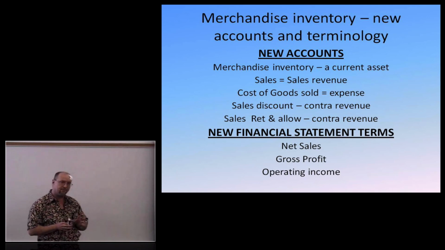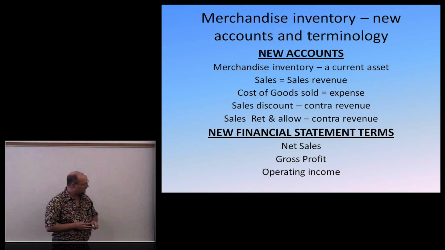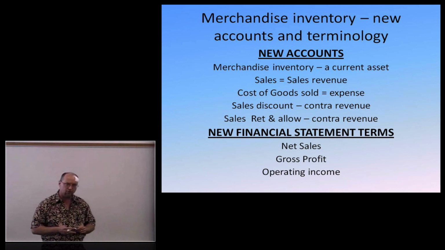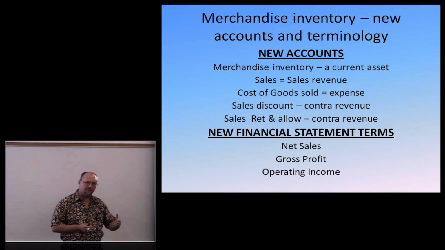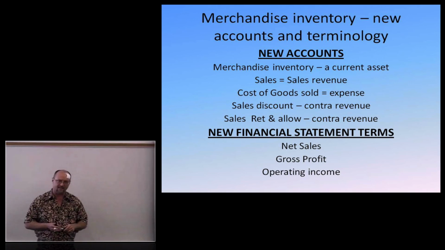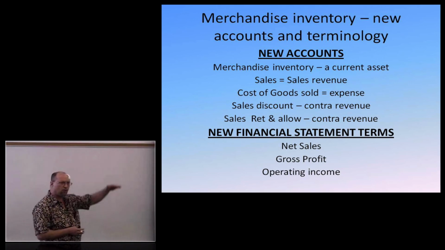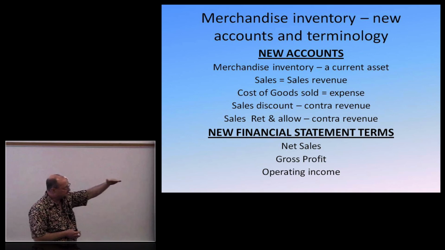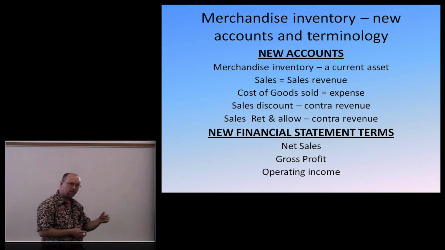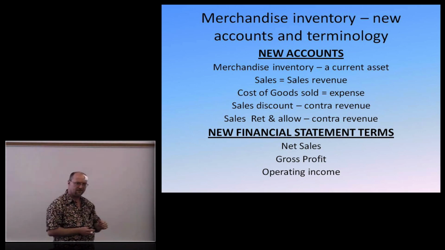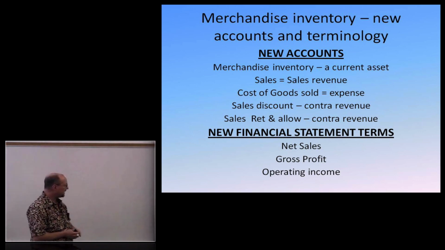And being a temporary account, we close it out at the end of each period. Sales, returns, and allowances and sales discounts are contra meaning opposite, so they have a normal debit balance. And we're going to take our total sales minus the sales discounts for the period, minus the sales, returns, and allowances, and that's going to give us something called net sales. And we'll return to that a little bit later today.